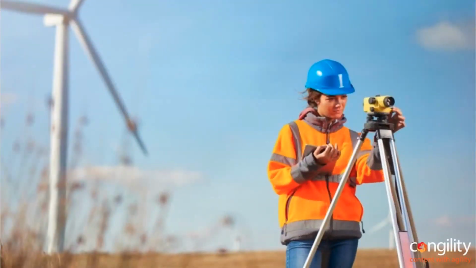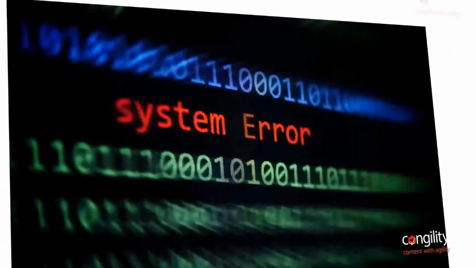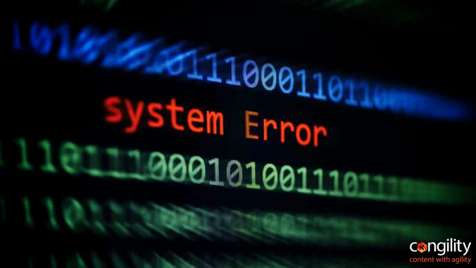Construction, agricultural engineering, etc. may need to support customers outside in remote locations with partial or no internet connection. Or perhaps organizations simply need to ensure continued access to content in the event of IT failures.